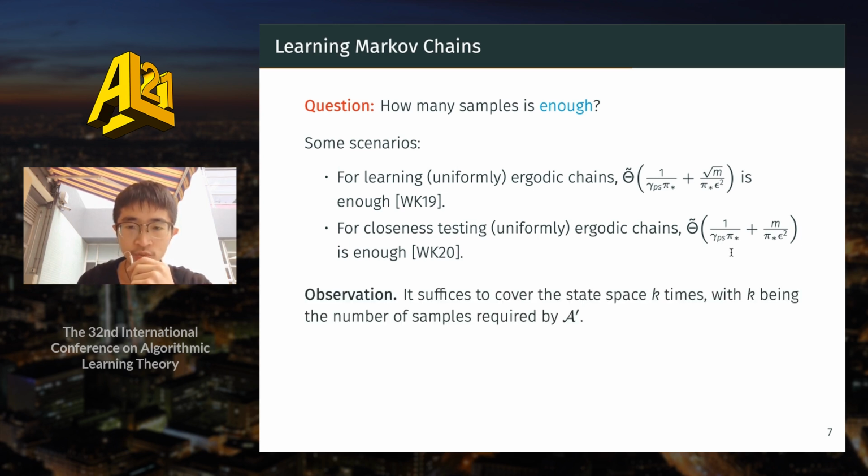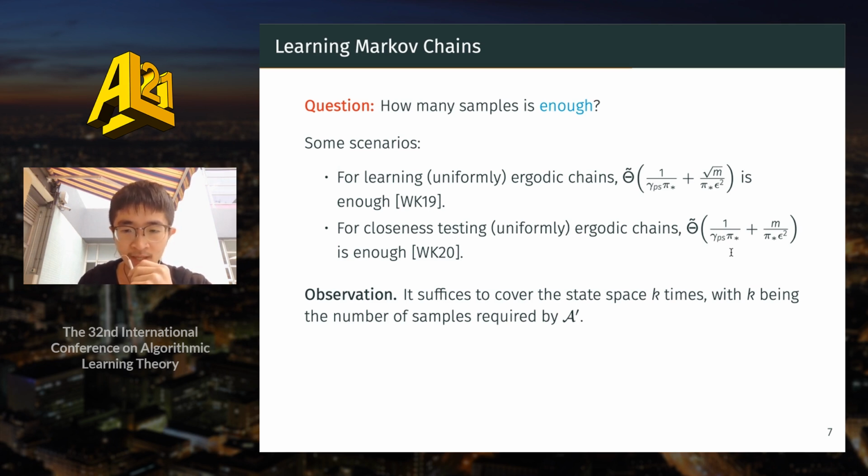However, we would like to say something more: a more general upper bound for learning and testing problems involving a broader family of chains, like irreducible ones, instead of only ergodic ones. An important observation is that, in fact, to learn a Markov chain, it suffices to cover the state space k times.